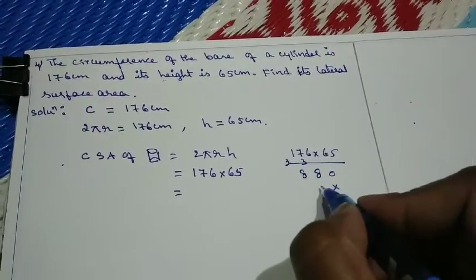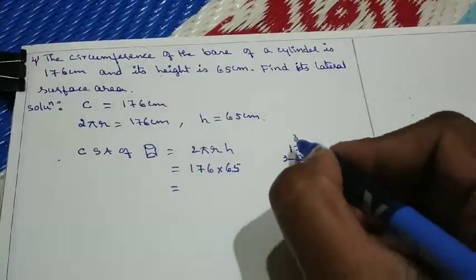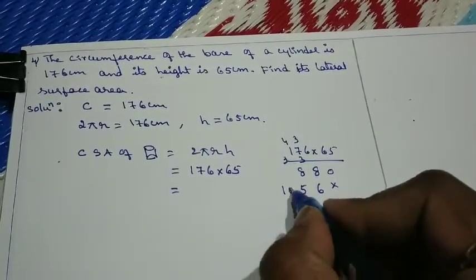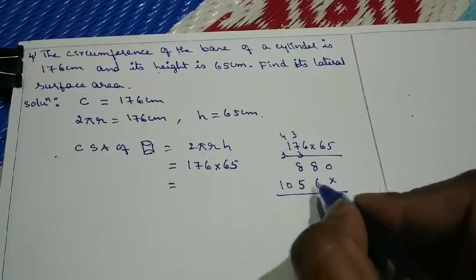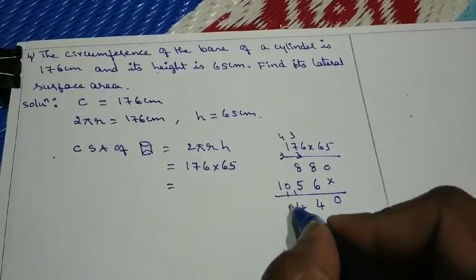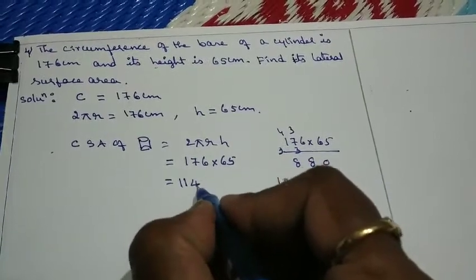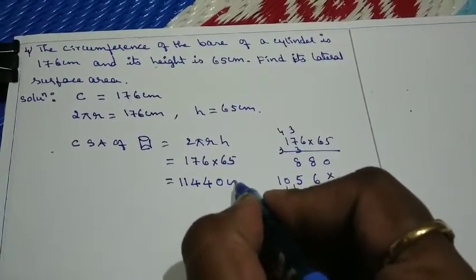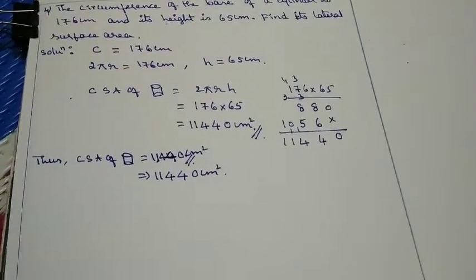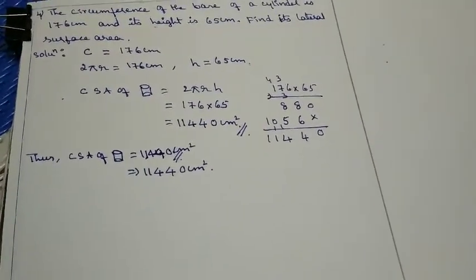Into 6 5s, 6 6, 36. 6 7s 42 plus 3, 45. 6 1 6 plus 4, 10. Then 0. 8 plus 6 is 14. So we got 1, 1, double 1, double 4, 0, and unit is centimeter square. So thus the CSA of cylinder is 11,440 centimeter square. Now let us move to fifth question.